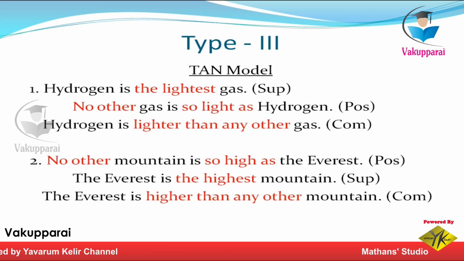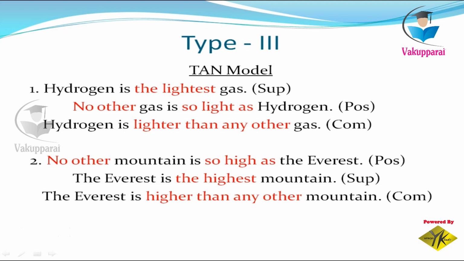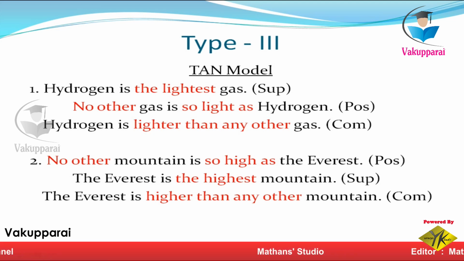Why I mentioned "so" here is that "no other" is in negative form. So that is why here we have to add "so" to the adjective instead of "as". Then comparative degree: "Hydrogen is lighter than any other gas." Okay, so as a TAN model, "any other" is in comparative.